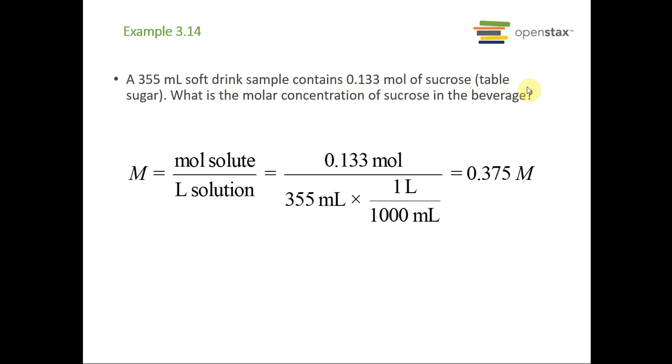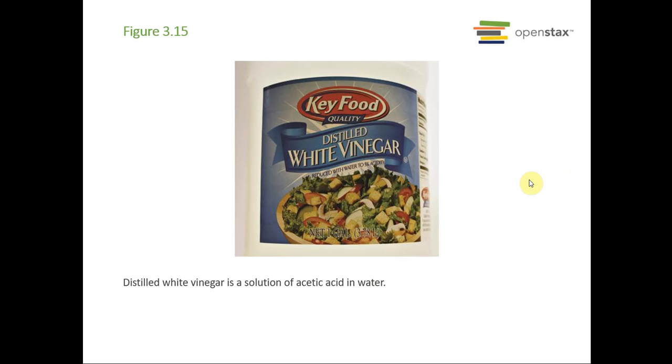Its molar concentration of sucrose is therefore 0.133 divided by 355 milliliters, which is 12 ounces, but it has to be converted into liters so we get this in molarity. So moles per liter gives us 0.375 molar. This is just another example of a solution.